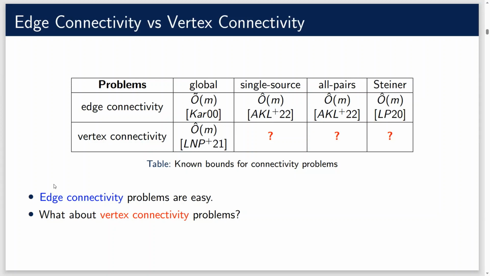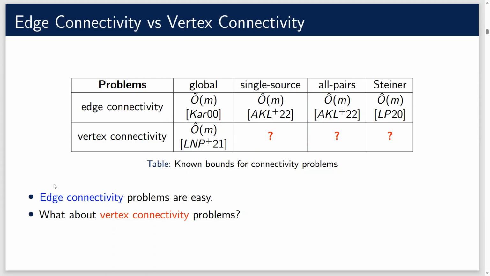However, for vertex connectivity problems, global vertex connectivity can be computed in near-linear time, but for the other variants, single source, all pairs, and ST, we really don't know that much.